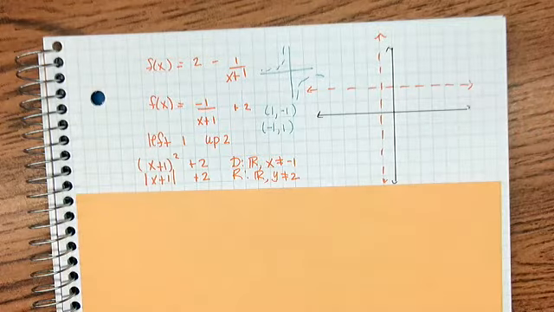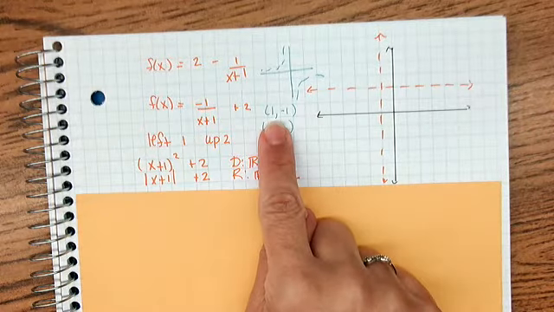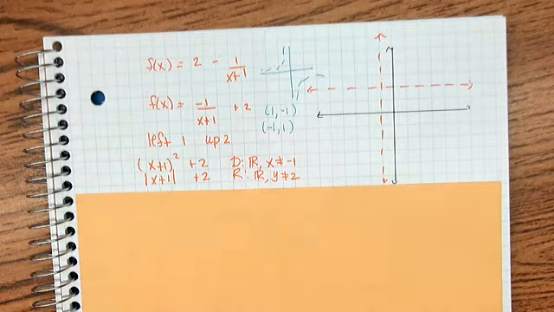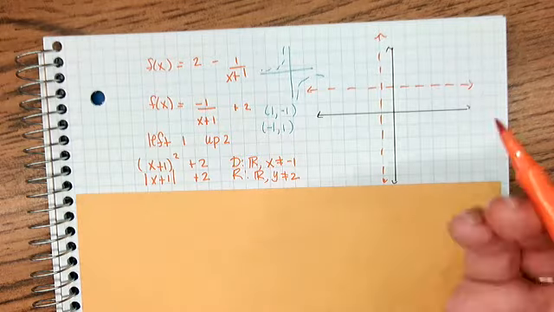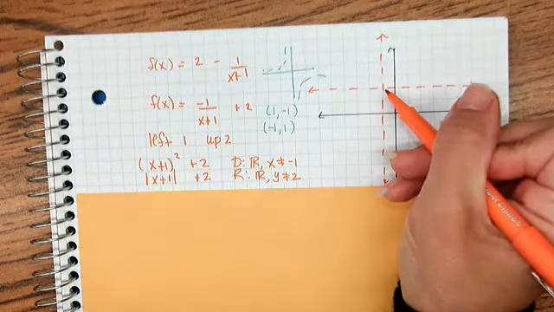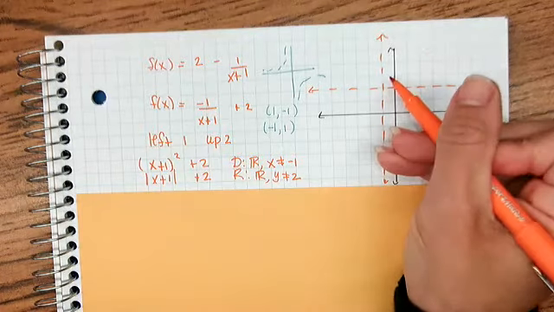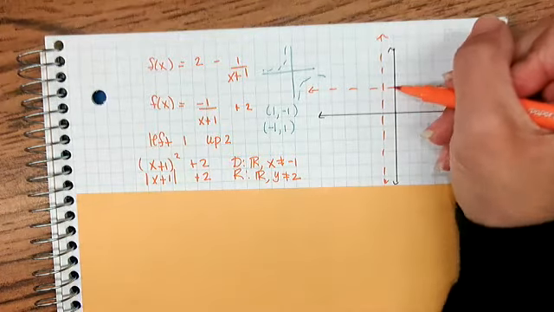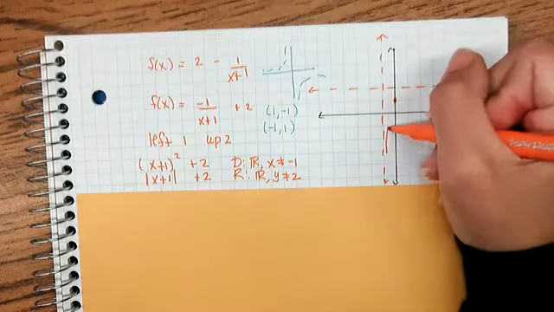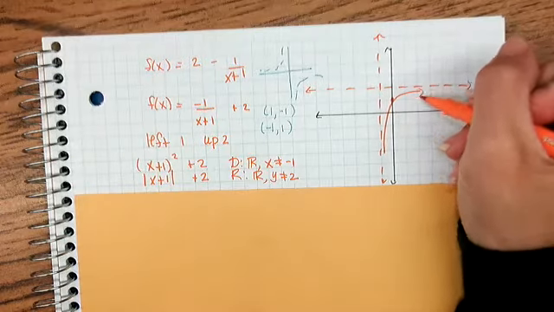Normally we say it goes through 1, negative 1, and it goes through negative 1, 1. So I'm going to kind of just look at this as I've shifted my origin. Normally my origin is at the 0. Well, now I've moved that left 1 up 2. So from here, 1, negative 1, which really in the big picture is 0, 1.